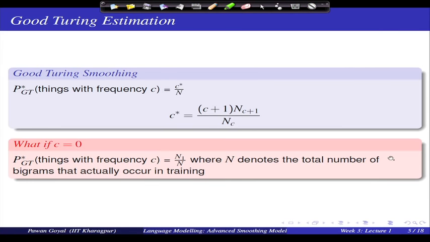So here, if my count is 0, the Good-Turing estimate for frequency c when c is 0 is N_1 by n, that we just saw. That is the effective probability mass that I will give to all the n-grams that did not occur in the training data. So this gives me a nice method of estimating the probability for the words that did not occur in my training data.